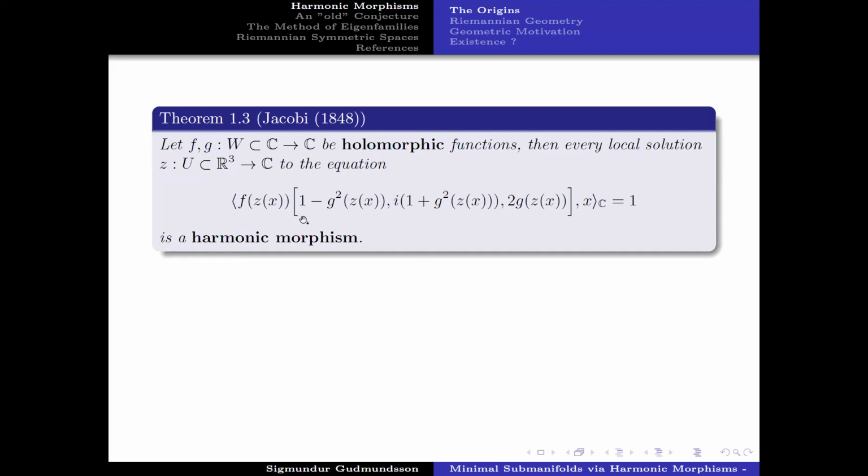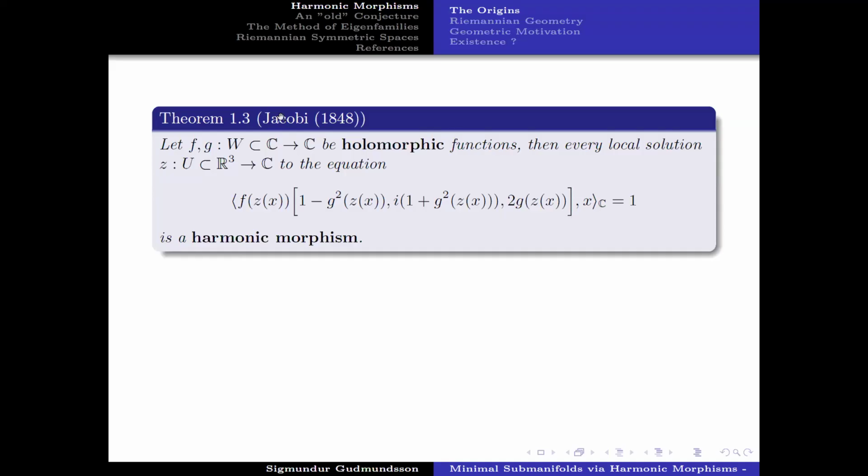But if you now fix Z and then solve for this, you see this is two real equations. So that means that the solutions to this for a fixed Z is a line in R3.